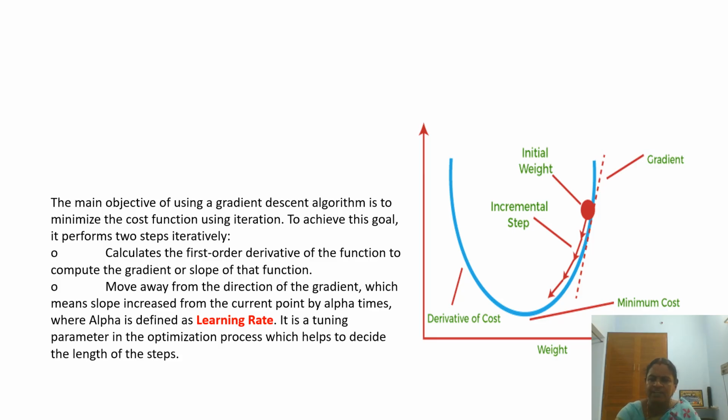It calculates the first order derivative of the function to compute the gradient or slope of that function, and moves away from the direction of the gradient, which means the slope is increased from the current point by alpha times, where alpha is defined as the learning rate. It is a tuning parameter in the optimization process which helps to decide the length of the steps. So it has been given here in the diagram, which may be clear.